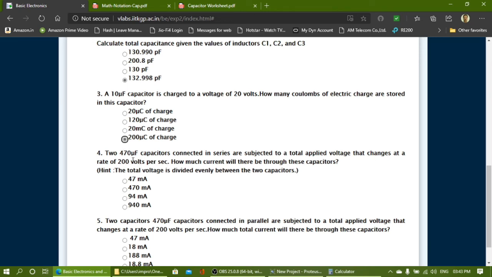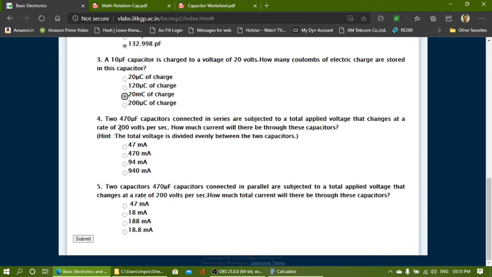So here your C value gets divided by 2, that means half of 470 microfarad, and the application is for AC where the voltage changes with respect to time across these capacitors. So your dV will be 200 volts and your dt will be the unit time of 1 second.